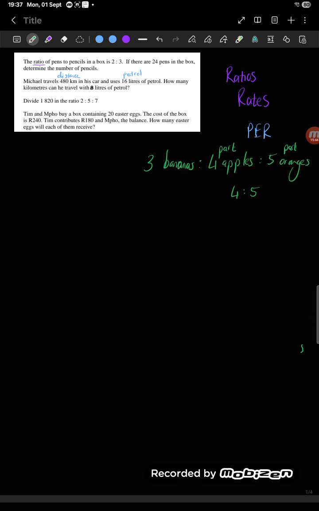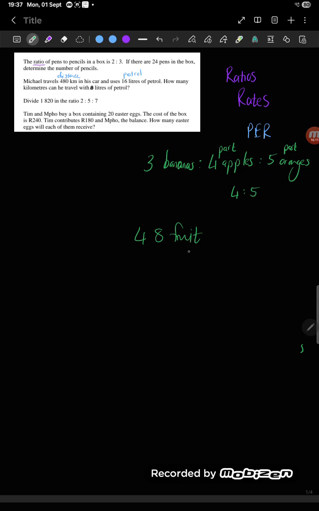And I buy a few of these specials at the shops. I buy a certain amount of these specials. And I see that in total, altogether, I have 48 fruit.